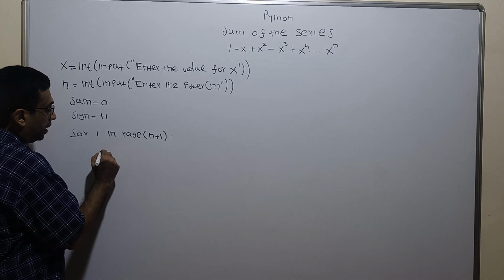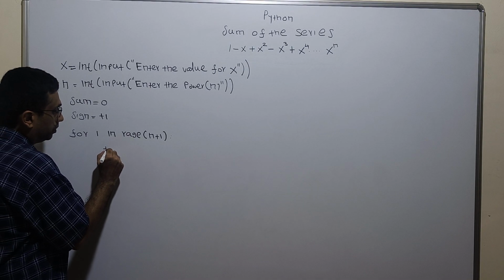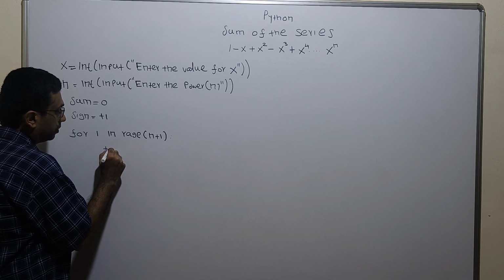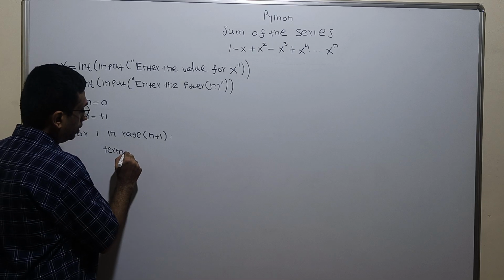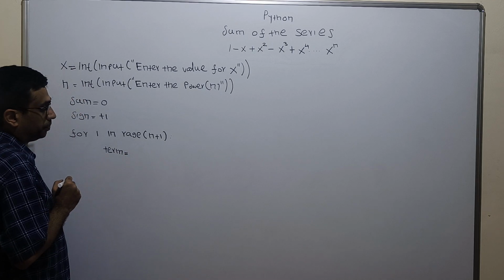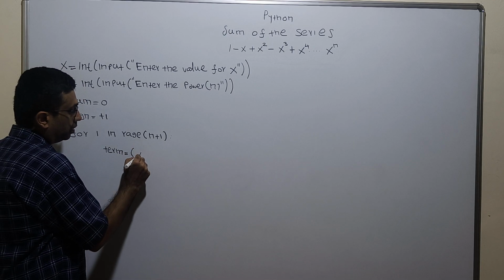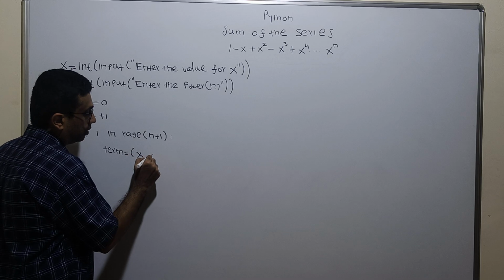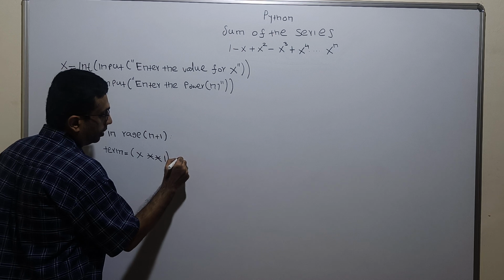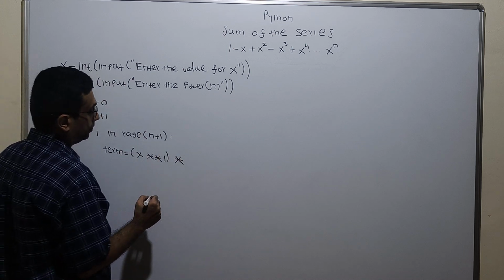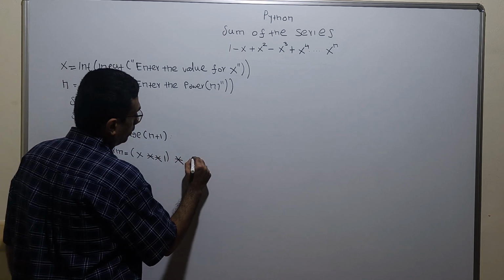Here I am having a variable term equal to x double star i multiplied with sign.